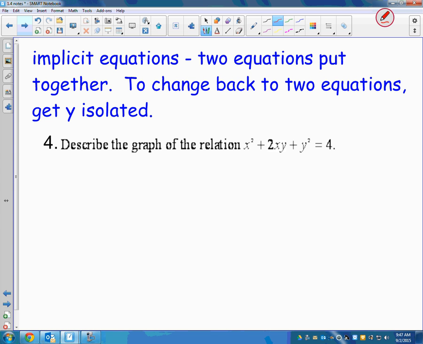So it's two expressions put together, and most of them are going to look really weird. Mostly implicit equations are not functions, right? They're going to fail the vertical line test if you graph the equation. They're going to be weird kind of shapes.